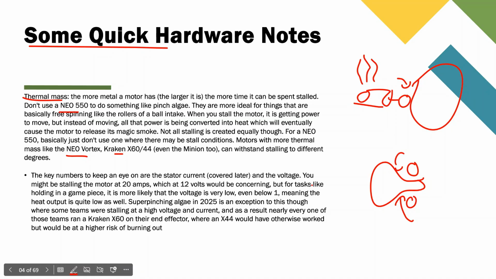However, some teams did it more successfully than others. Teams that did do it did see a lot of current and voltage being used to pick up this one game piece, because it takes a lot of work to get this motor to move, because it doesn't want to move.